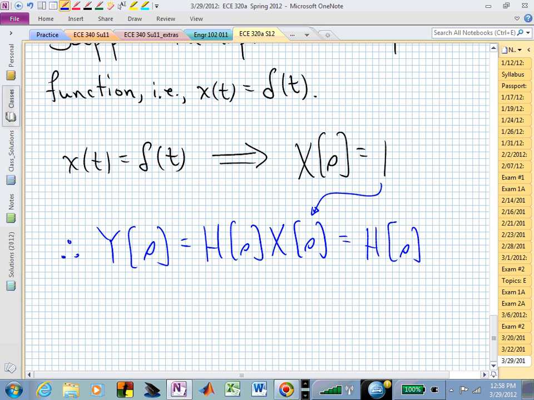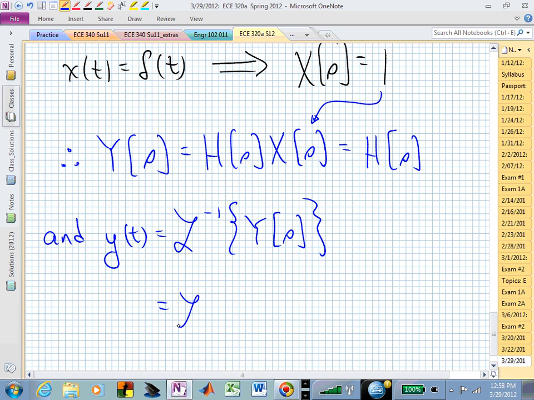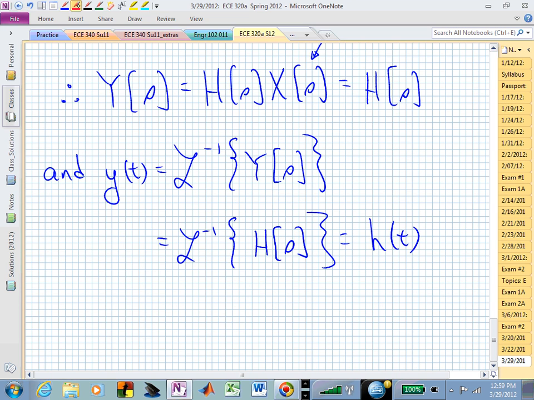Which says in the time domain that this is equivalent to the inverse Laplace transform of H of s for the special input x of t as an impulse function. This is what we were calling h of t, and that is by definition the impulse response.